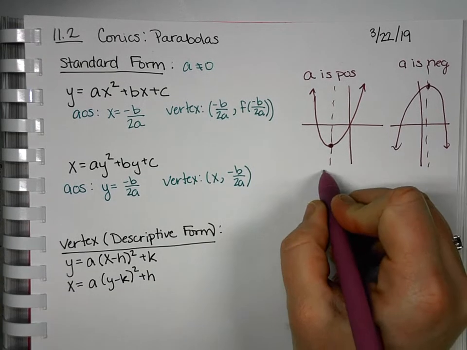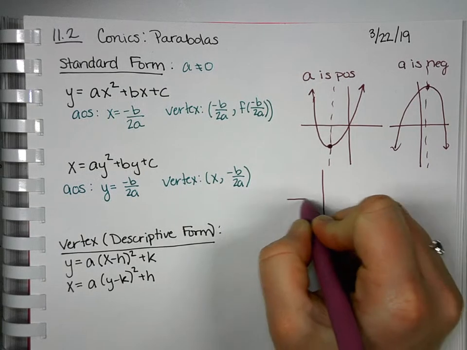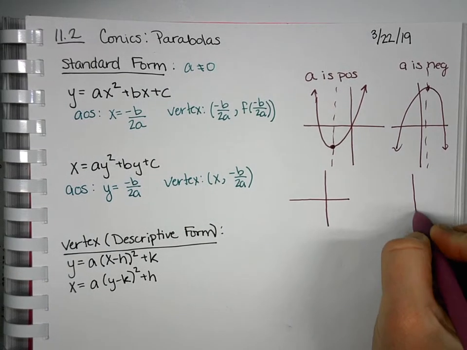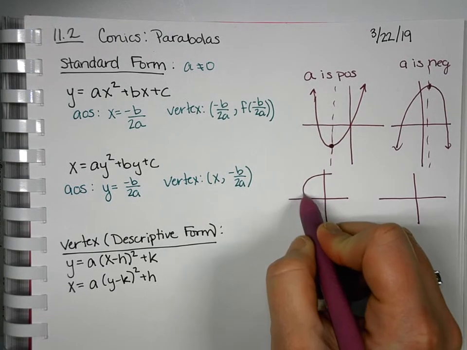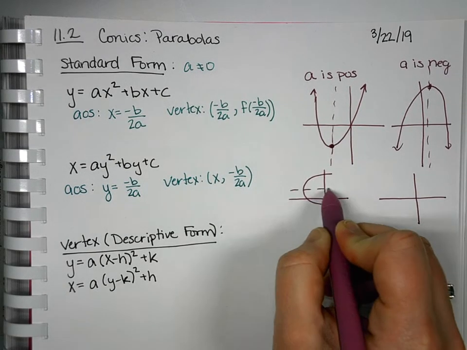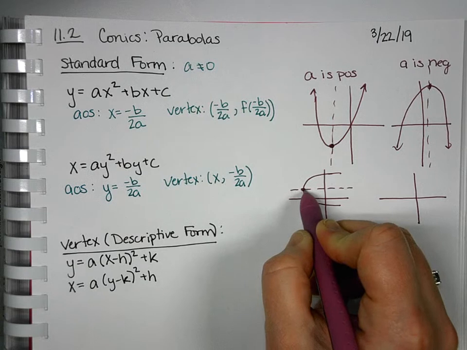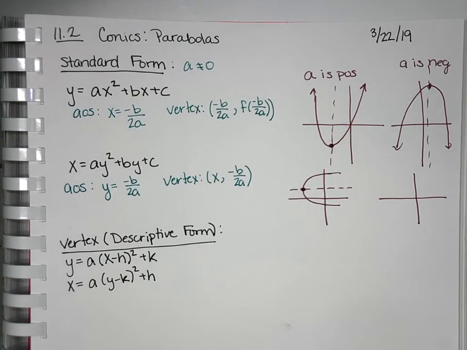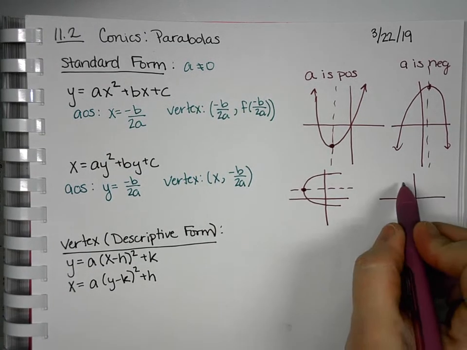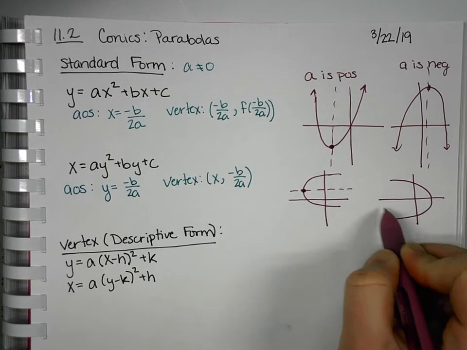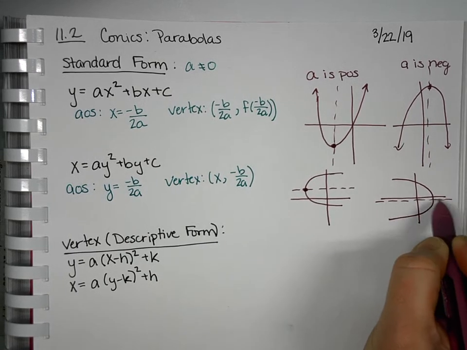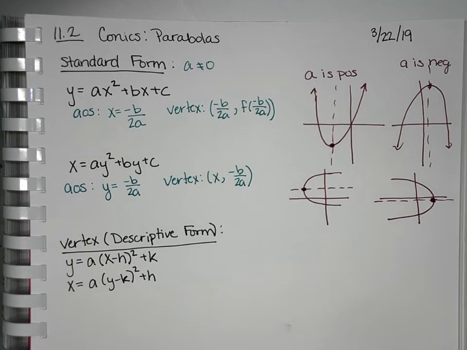So the graphs on these, if a is positive, will open to the right with your line of symmetry being horizontal, still going through your vertex though. That part doesn't change. If a is negative, it's going to go to the left.